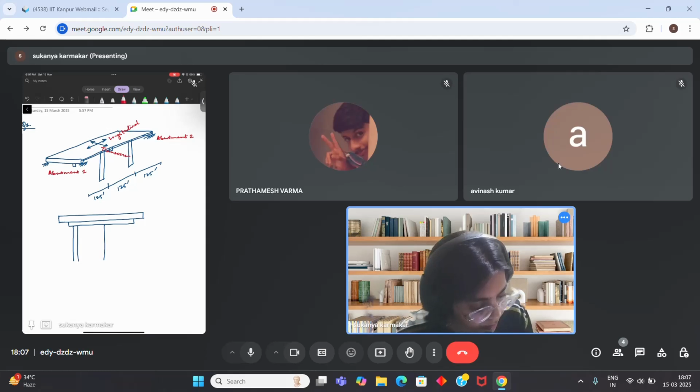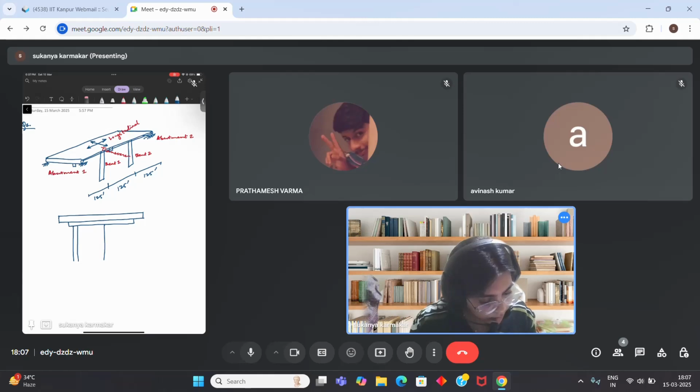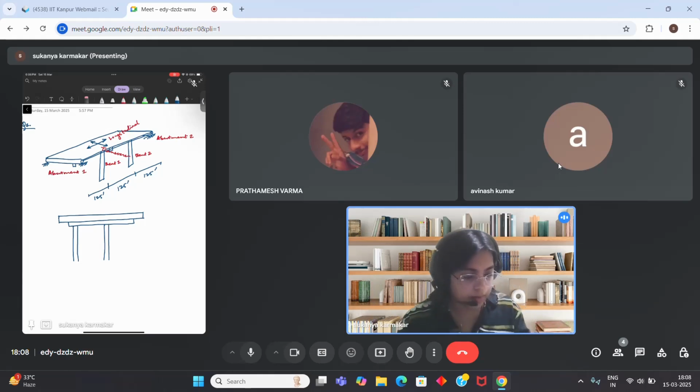So this is bent one and bent two. Basically, these are some kind of support system. And this is the cross section of the bridge: if you cut it in this direction and have a look at the cross section, this is what you'll be looking at.